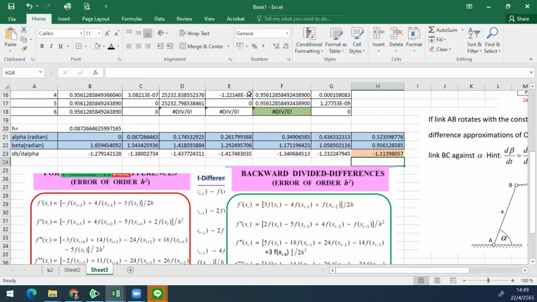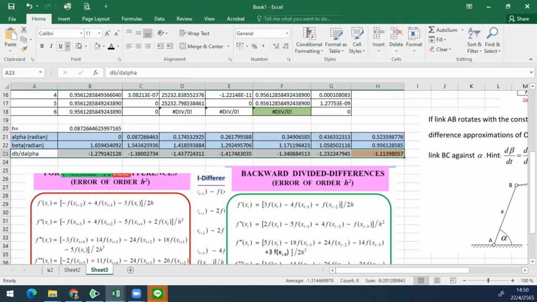If we have even a little bit of error, the result that we have maybe cannot be used. So now we have d alpha by d beta already, right?